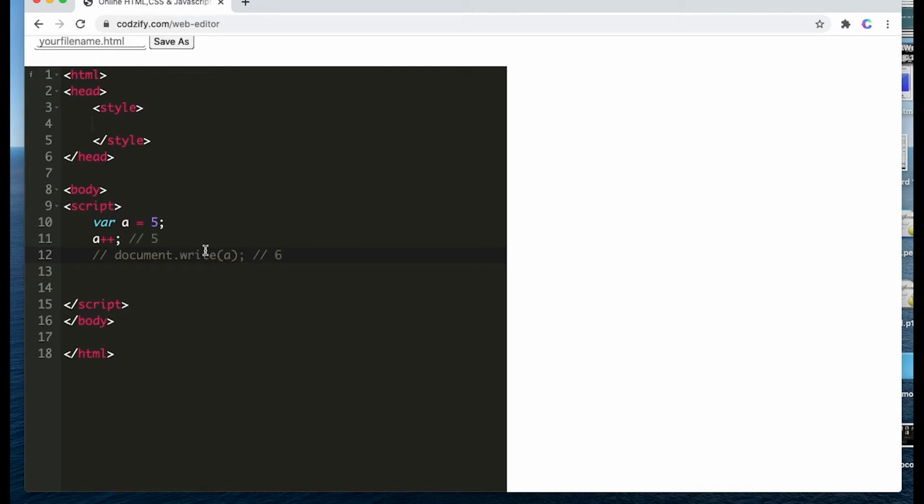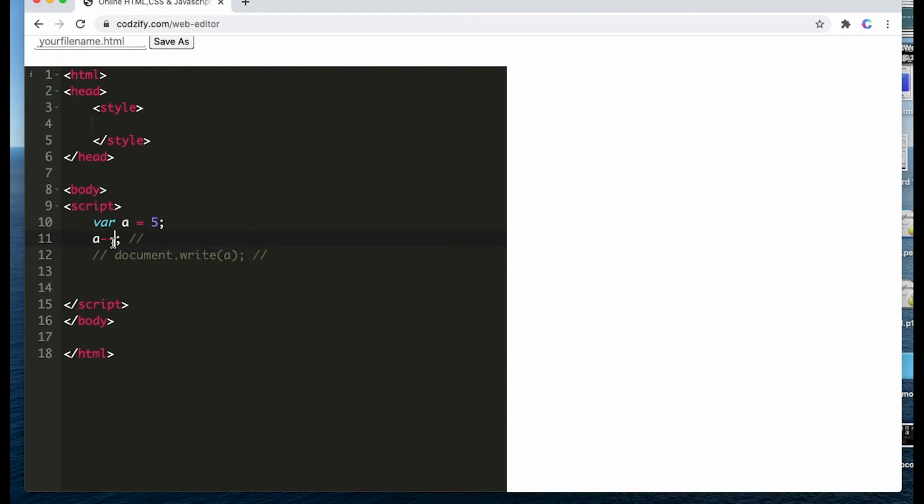Okay. Similarly, in case of minus minus, meaning the decrement operator, if I use a minus minus operator here, on the same line the value will be the same 5, but on the next line the value will be the decremented value, which will be 4 in this case. Okay.